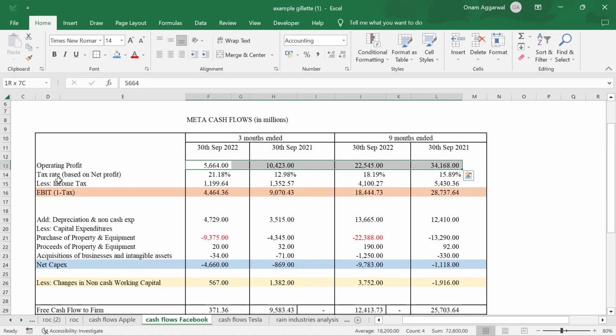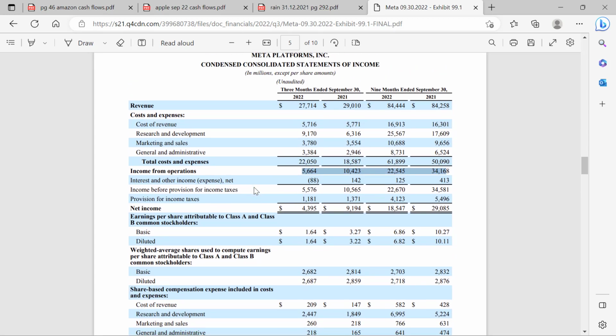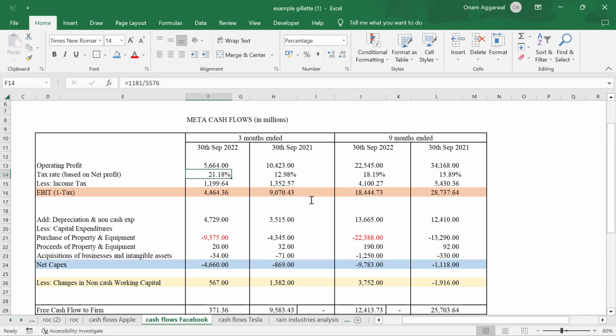Then we will calculate the tax rate, which is based basically on the net profit. So what we do is a very simple exercise. We go back to the statement of income. We take the provision for income taxes and we take the net income. So basically the government is charging around $1.1 billion on $5.5 billion.